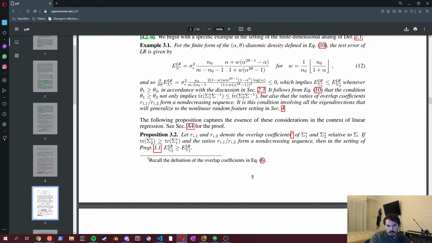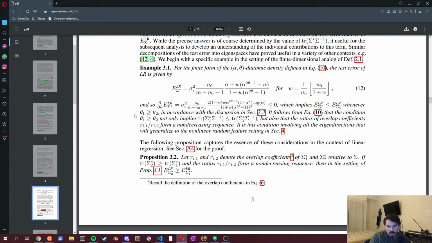So the derivative with respect to theta of the error is less than 0, which implies that the expected error of linear regression for sigma 1 is less than for sigma 2 whenever theta 1 is greater than theta 2, in accordance with the discussion in section 2.3.